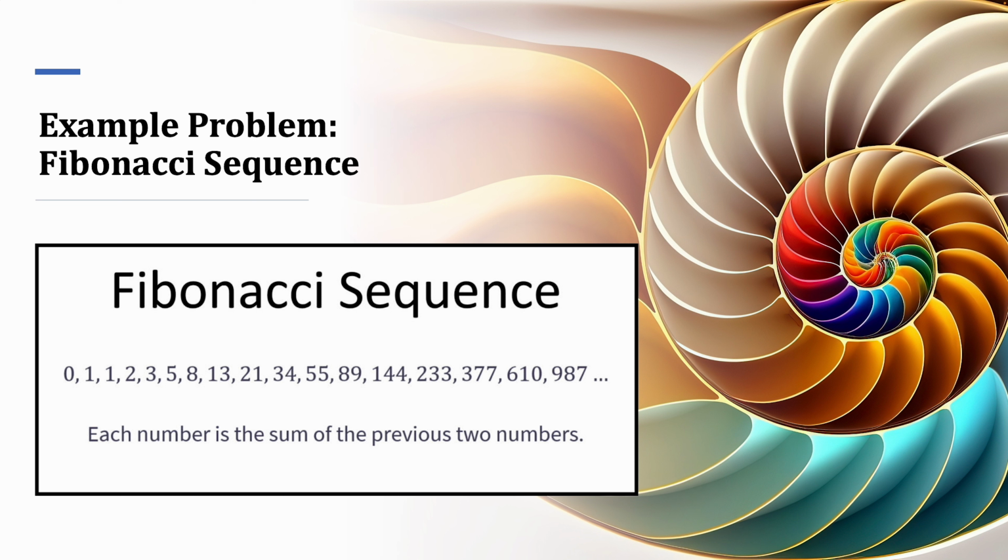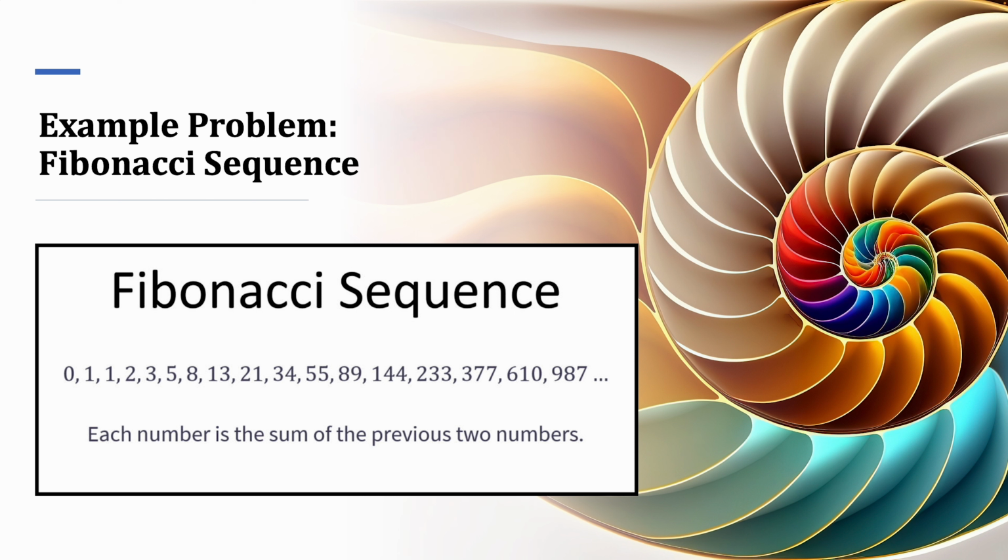So for example, the third value here, 1, is the sum of 0 and 1, right? And then the sum of 1 and 1 gives you 2. 2 plus 1 gives you 3. 3 plus 2 gives you 5. 5 plus 3 gives you 8, and so on and so forth. So as long as you know that pattern, then you know how the Fibonacci sequence works, and you pretty much have the idea to solve this problem.